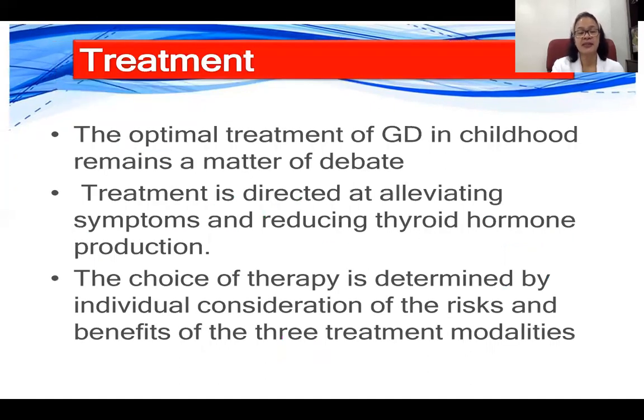So treatment: the optimal treatment of your Graves' disease in childhood actually remains a matter of debate, because the treatment is directed at alleviating the symptoms and reducing the thyroid hormone production. So the choice of therapy is determined by individual consideration of the risks and benefits of the three treatment modalities.